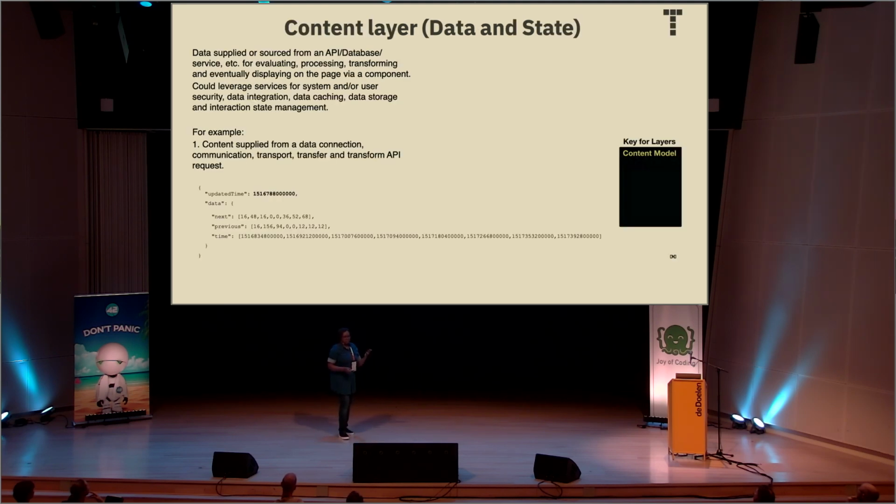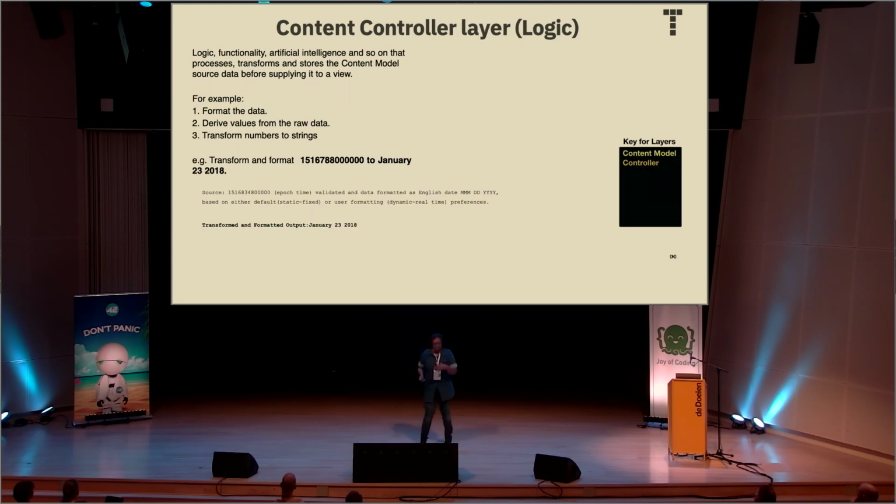Typically, at the content layer, you're going to get some kind of data, and it will look like this, okay? You can see that the updated time has some really long number, which I can never translate. It's epoch time, okay? That actually translates to January the 23rd, 2018. At this point, you'll want to format that for the human who's going to look at it.